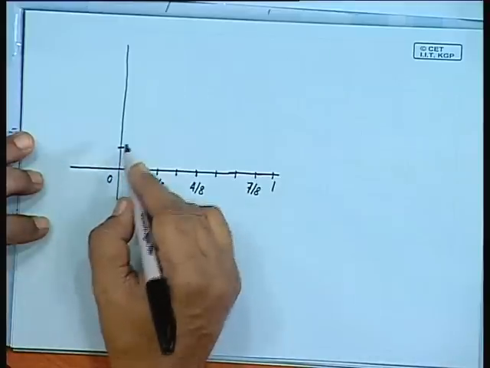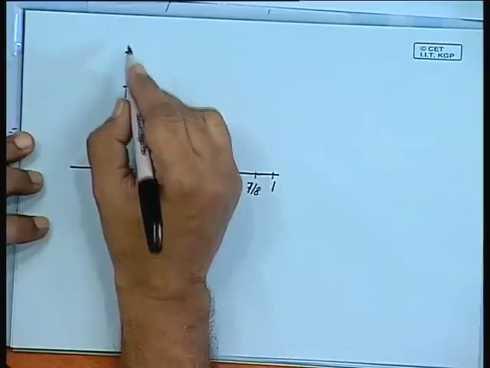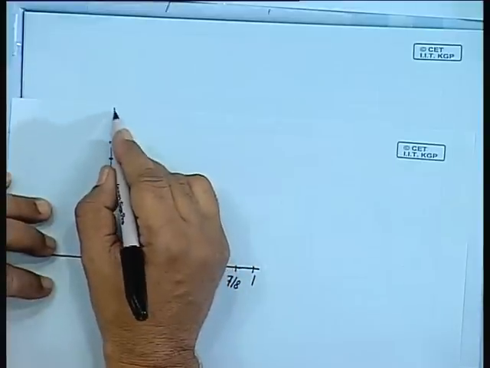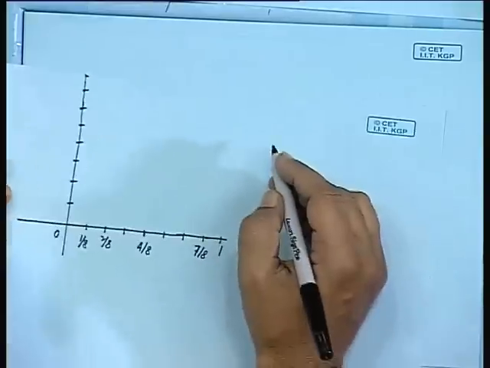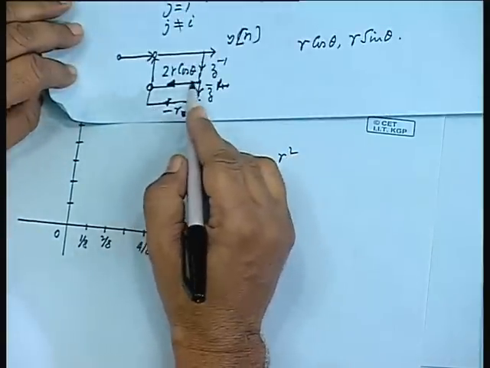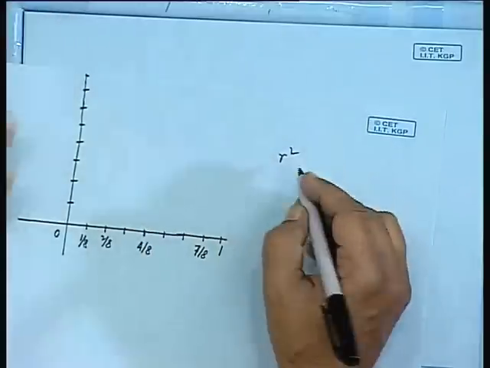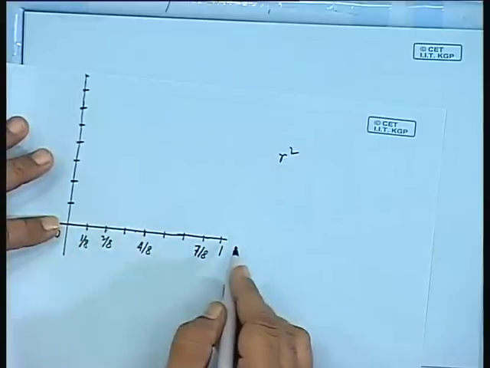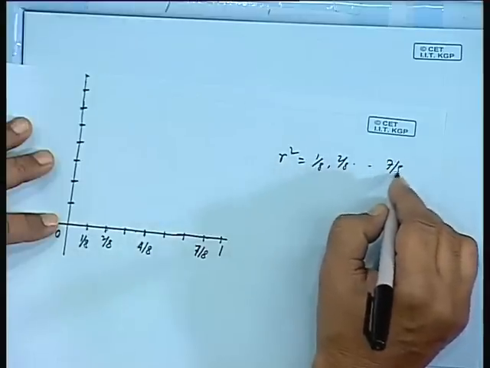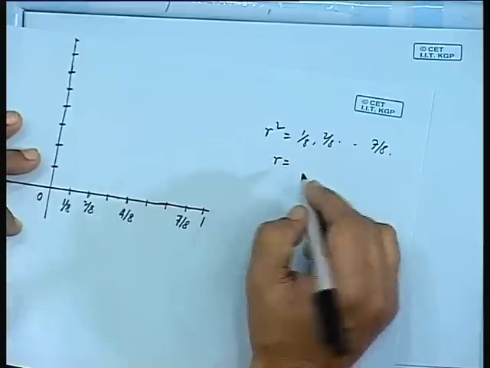Similarly for the other axis. So, what would be the values of r square? r square is this constant, and 2r cos theta is the other, and these are the things which are quantized. So r square is quantized to any of these levels: 1 by 8, 2 by 8 and so on up to 7 by 8, including 0.